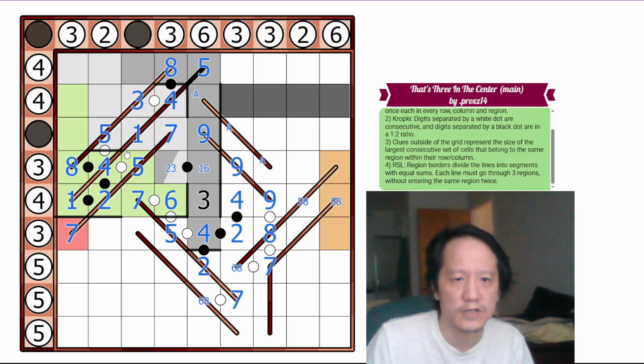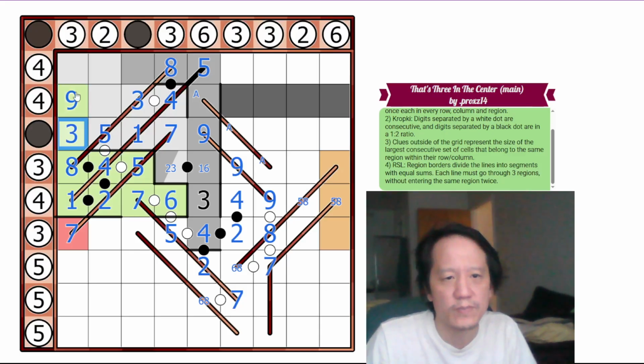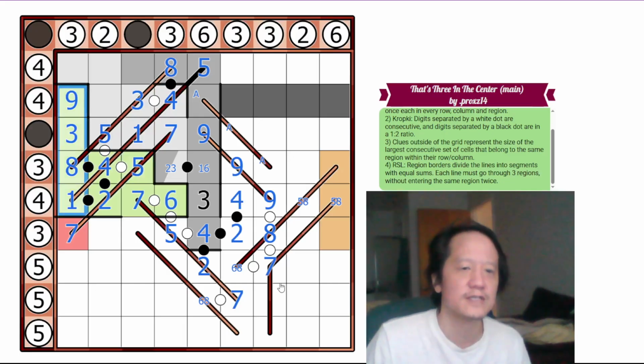Yeah, green's all done. So we need a 3 and a 9. This can't be 3 in the green region. So this is 9, this is 3. That means these are all set. This is 4 cells. That's not possible.